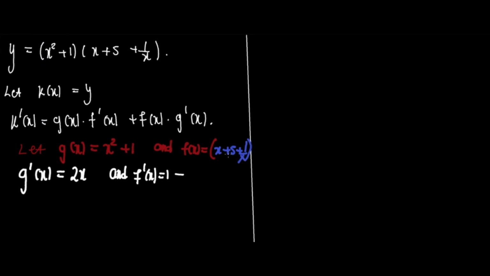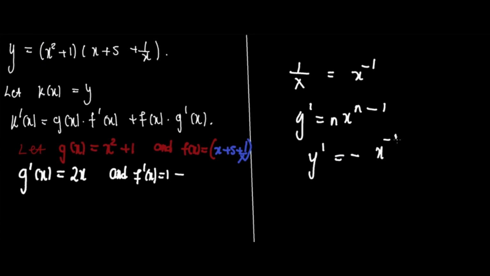How about the derivative of 1 over x? 1 over x can be written as x to the power minus 1. So now apply the power rule here. Drop -1 here, then it will be minus 1 minus 1.